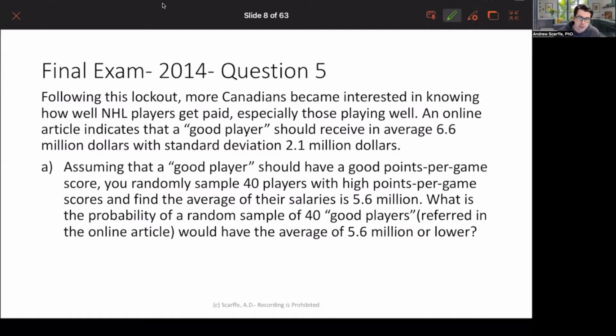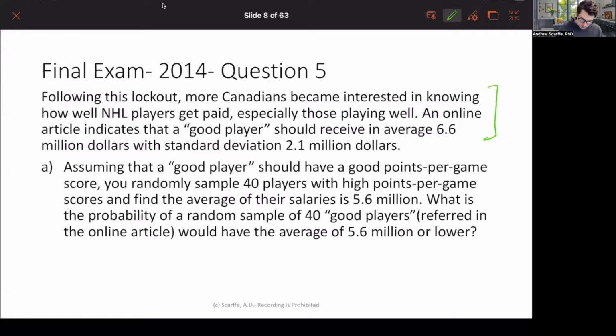Assuming that a good player should have a good points per game score, you randomly sample 40 players with high points per game scores and find that the average of their salaries is $5.6 million. What is the probability of a random sample of 40 good players, that is, those referred to in the online article that's described right here, would have an average of $5.6 million or lower?